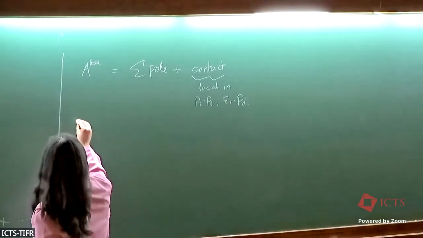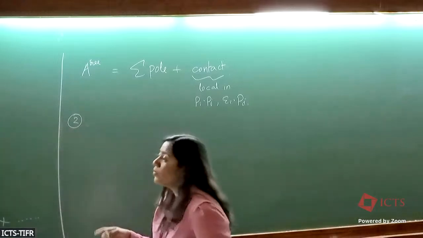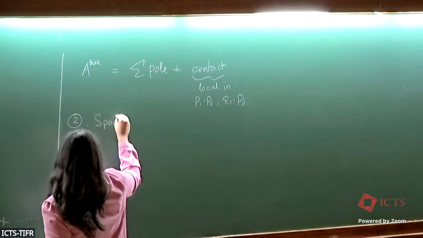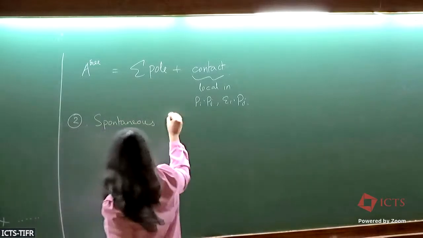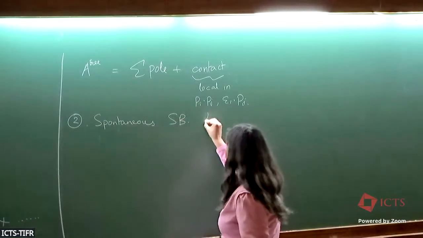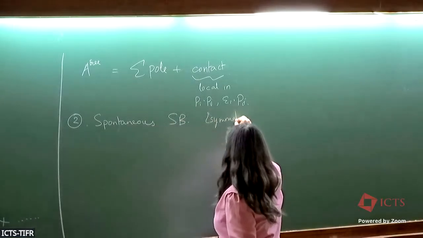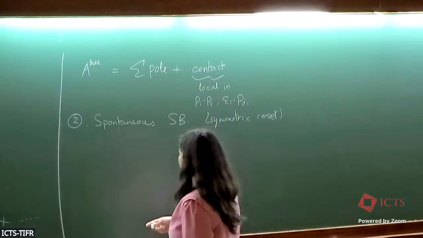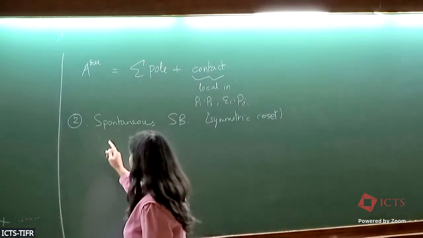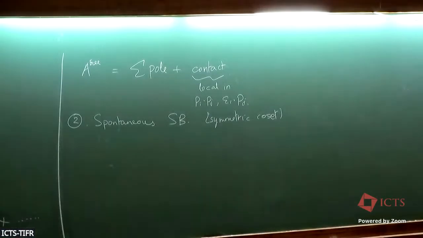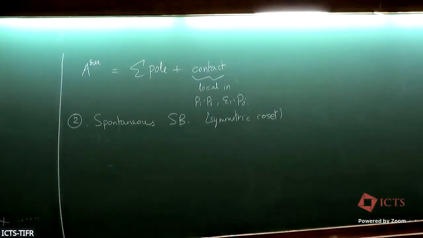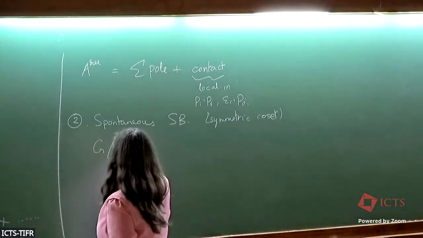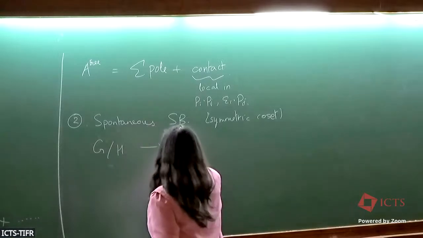Okay, so number 2 was the one where you know what the soft behavior is. Examples of this are anything that comes from spontaneous symmetry breaking. It needs to be a symmetric coset. But if that's true, then you know that there is some positive sigma for your particle, which is your Goldstone boson from the corresponding symmetry that's broken. Let me say a bit more. G breaks to H, and then you get some Goldstone mode phi.